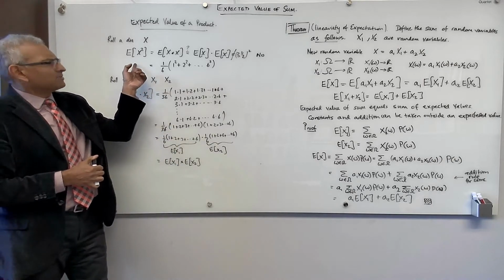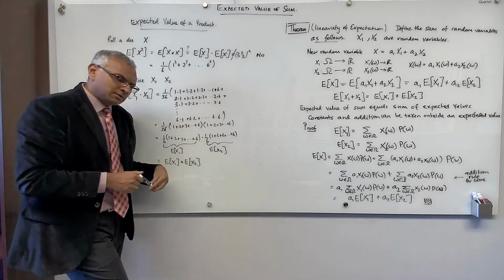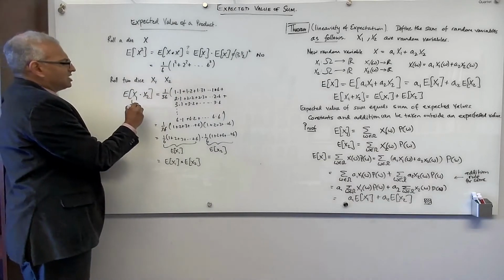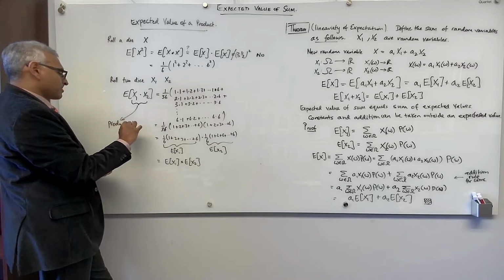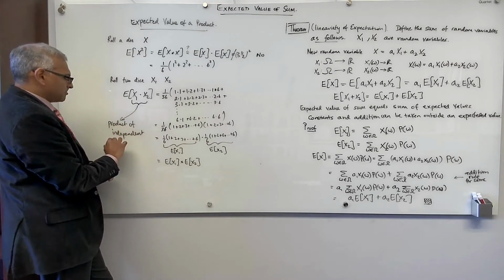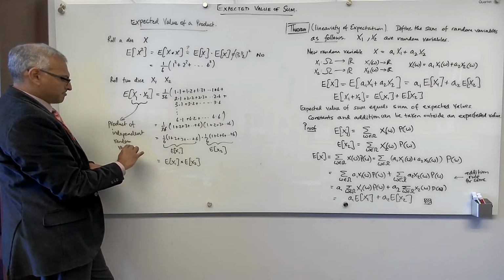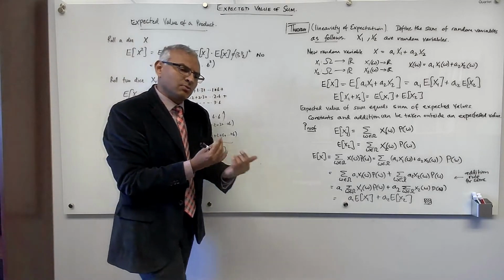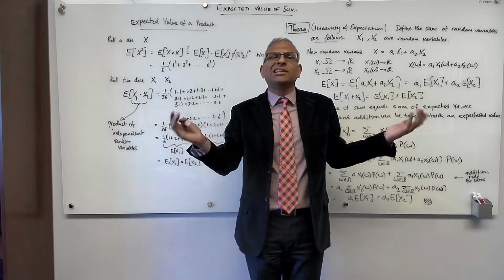And wow, the expected value of the product is the product of expectations. So sometimes it works, sometimes it doesn't work. And one way in which you can be sure that it works is when you're taking the product of independent random variables. Independent random variables typically arise when they come from measurements of totally different, totally independent experiments.